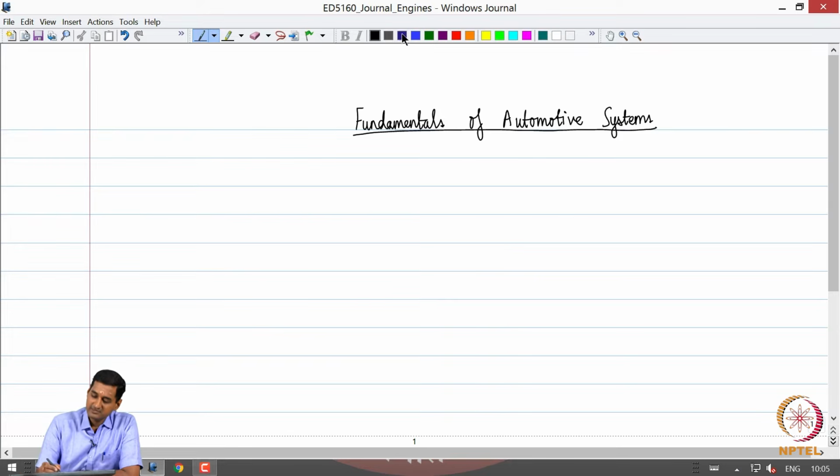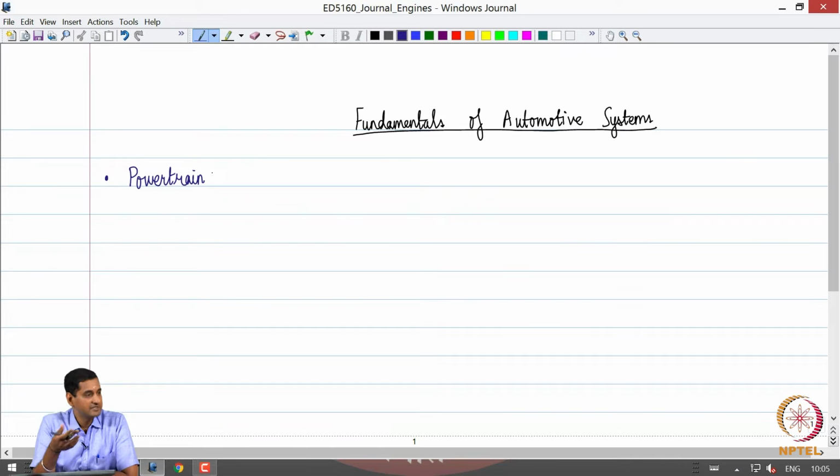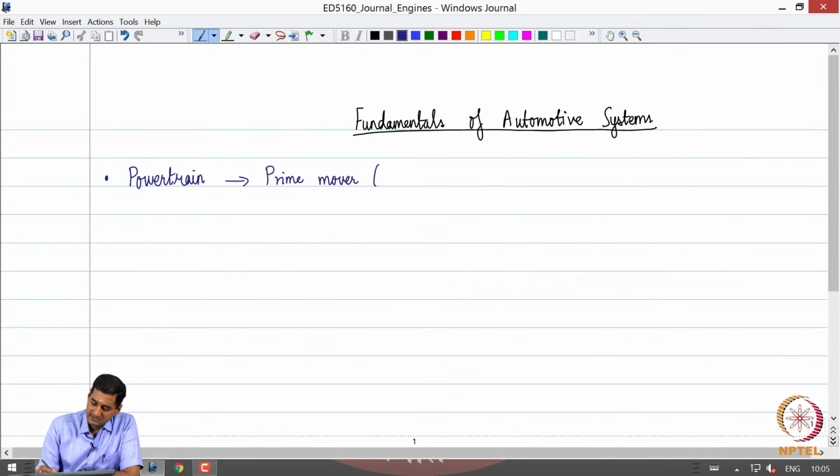Okay. So, as part of this course, we are going to learn about the automotive powertrain. We will learn about existing powertrains, which are typically called conventional powertrains. So, these include the prime mover, which in conventional vehicles is an internal combustion engine, typically abbreviated as an IC engine.